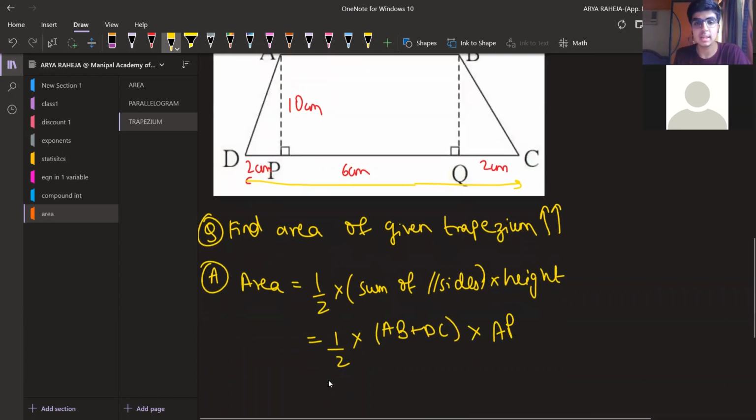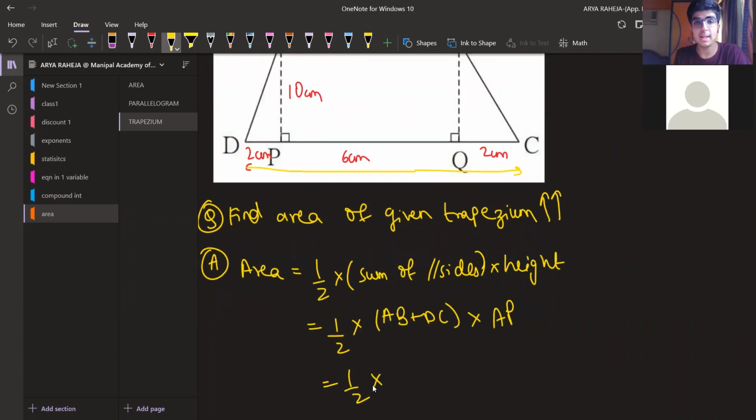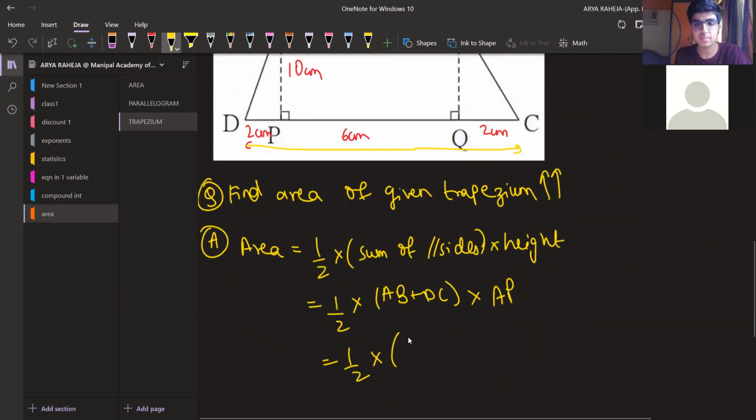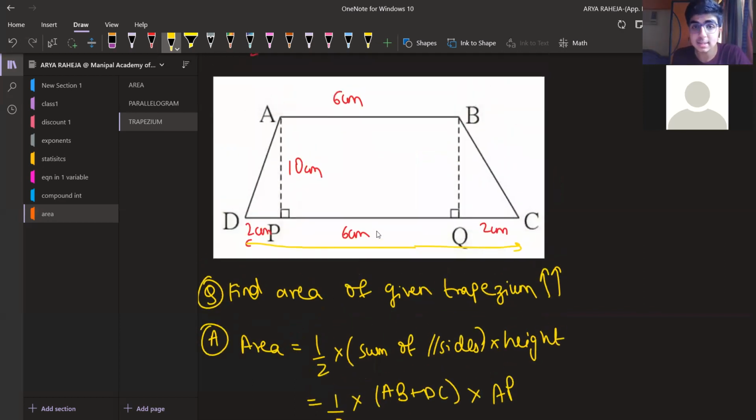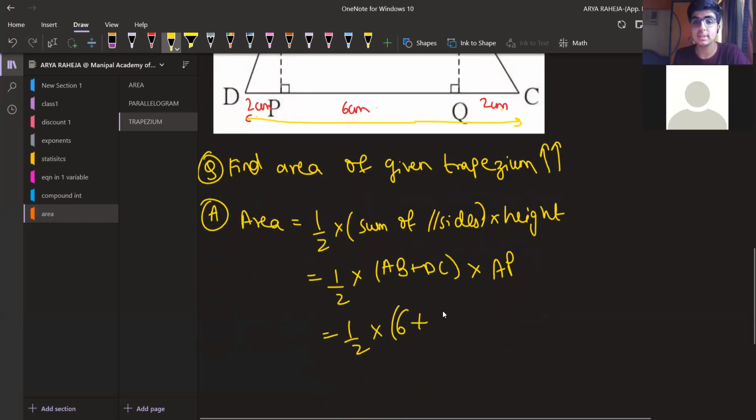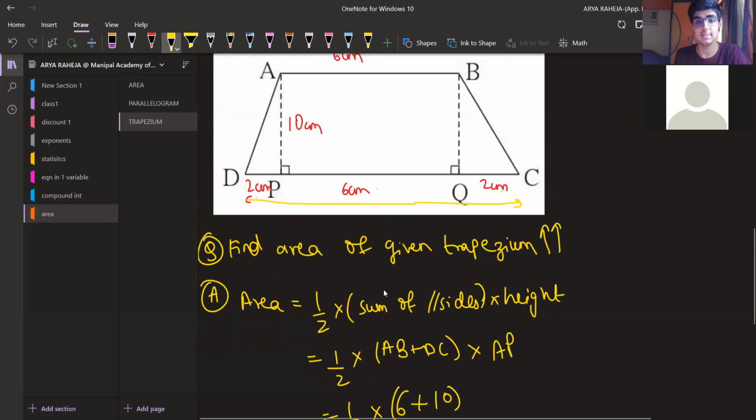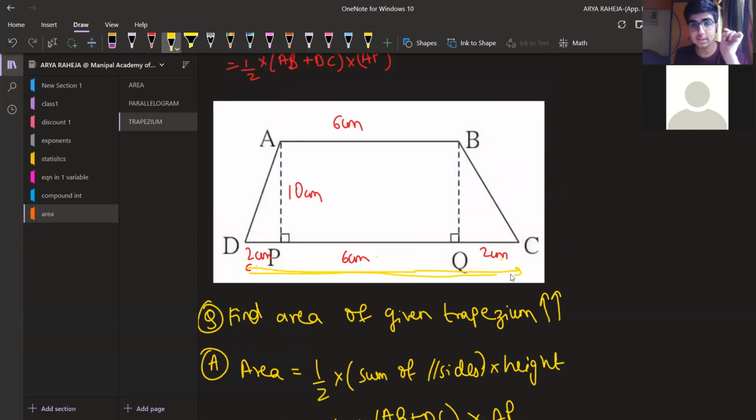So now let's see, half into AB's length, what is it? 6, correct? 6 plus, now how much is the length of DC? 6 plus 2 plus 2, meaning 6 plus 4, right? So it's 10, correct? We need to find DC's whole length, that was the thing, that 2 plus 6 plus 2.